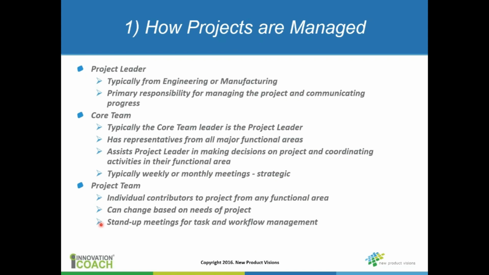And really within the project team, you can use the concept of this lean project management tool that we talked about in the last webinar, which focuses on stand-up meetings and the visual project board for the task and workflow management. So it's really at the project team level and that lean tool that you're going to be focused on task management. And the core team meetings really shouldn't be task oriented. They really should be more focused on strategic direction.